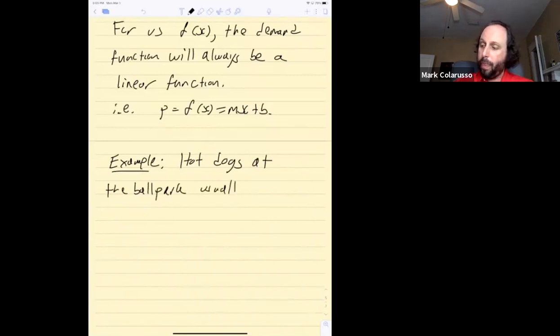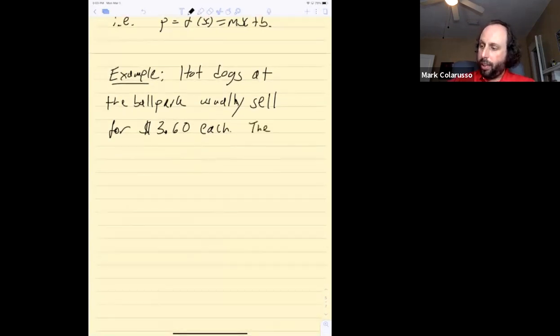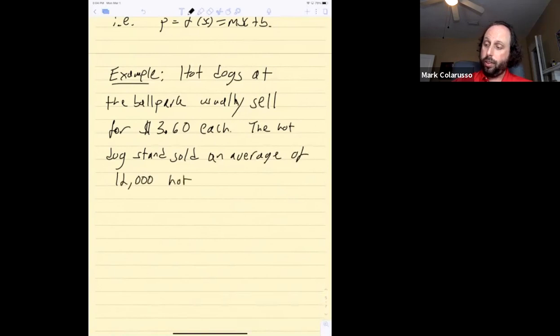So hot dogs at the ballpark usually sell for $3.60 each. The hot dog stand sold an average of 12,000 hot dogs on the night of a game.